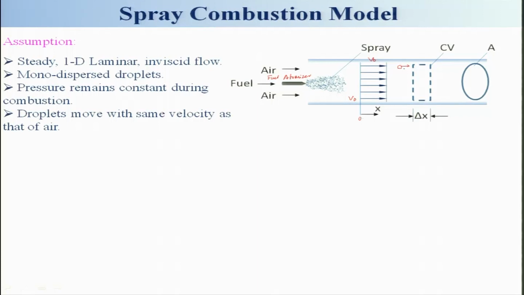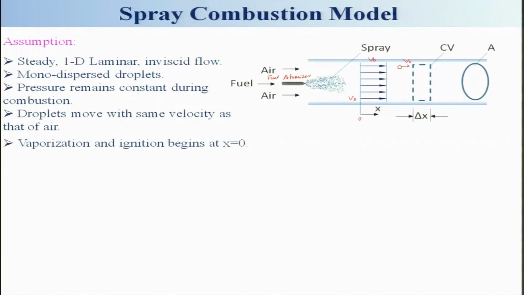In this case we are saying it is also moving with v naught. That is the assumption we are making, that there is no difference. But in a real situation it will never be so. Of course, if it is a very small droplet, it is possible that the lag between the droplet and the fluid will be minimal.